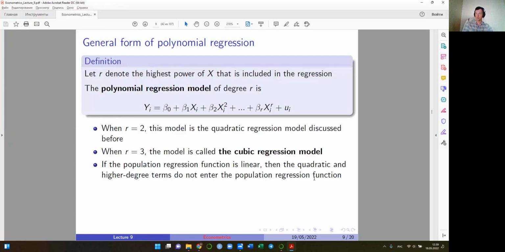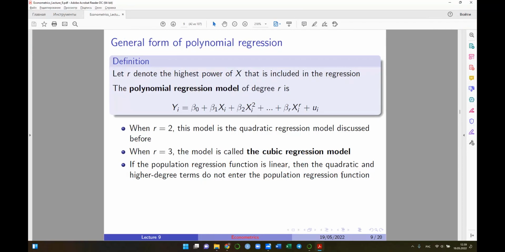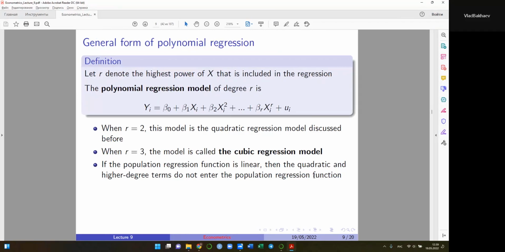Again, remember the previous material. If you want to claim that the model is nonlinear or that the model is linear, what kind of hypothesis should we test? That the quadratic term is statistically significant.